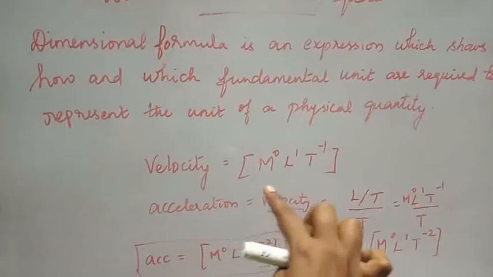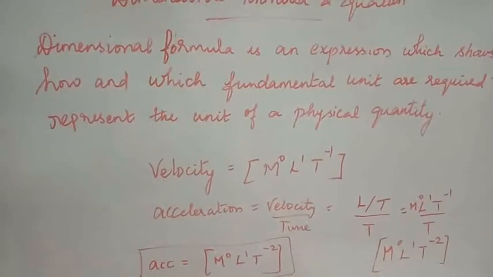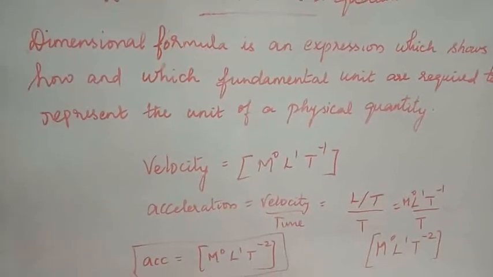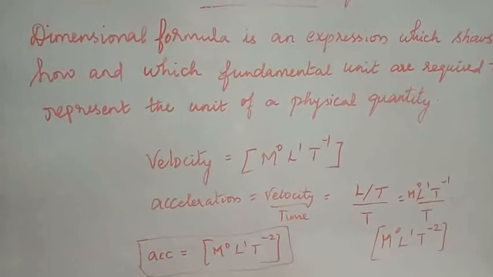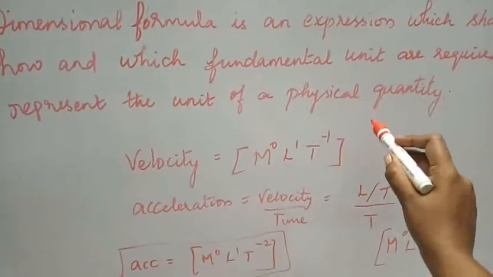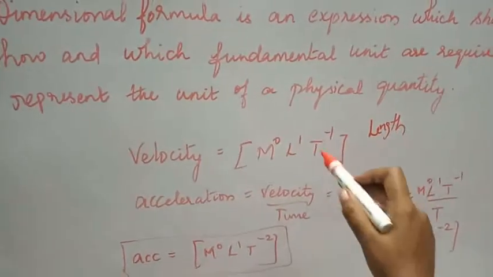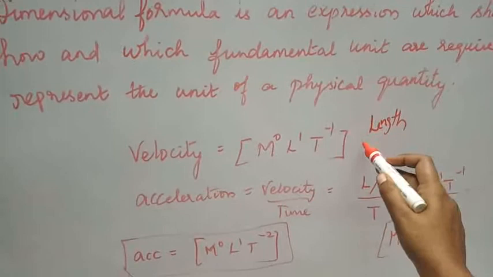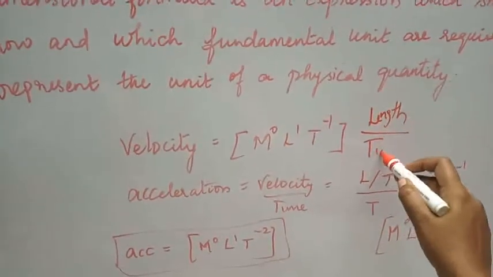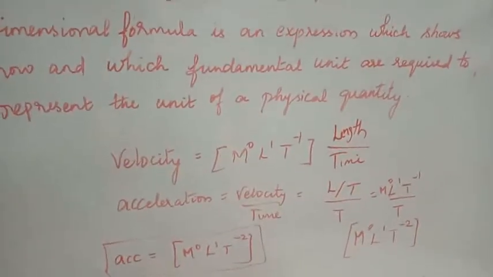So these are the dimensions. What does that M represent? M represents mass, so we don't have mass. And for length, you have L power 1, so in the numerator you have length. And time is T power minus 1, which means it is in the denominator. So velocity is represented by the quantities length and time.